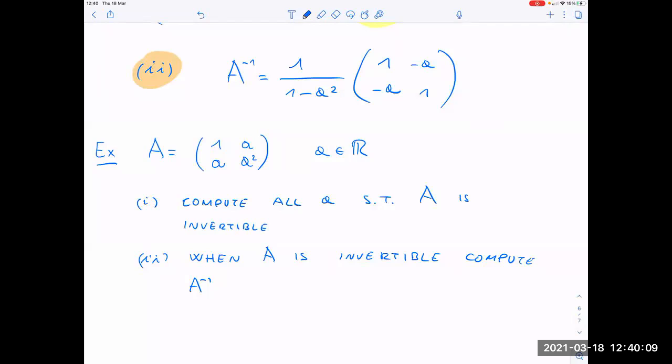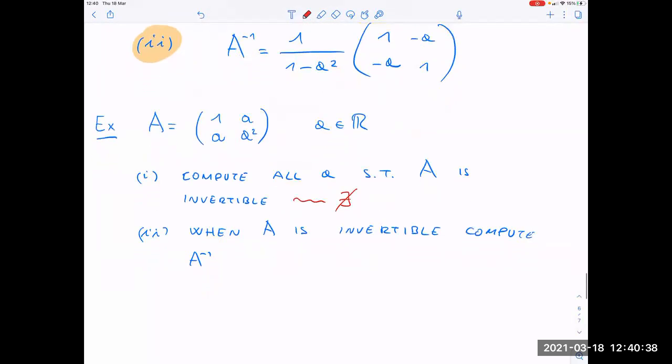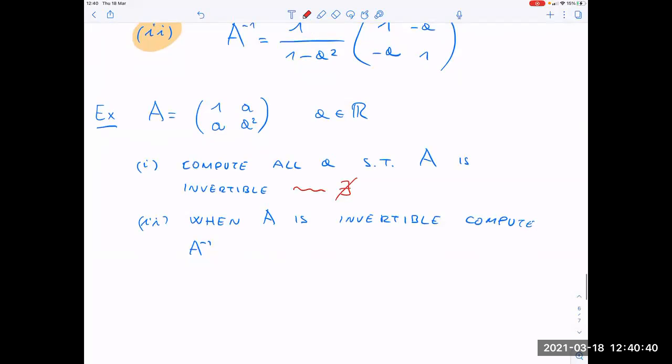Okay, so let's speak about these. Yes. Okay, people say it's not possible. Well, I think your answer is that there exist no values of A for which this is true. And so we cannot compute the inverse.